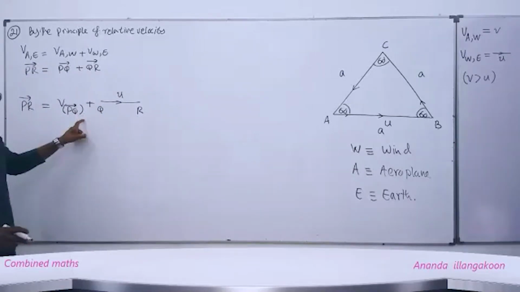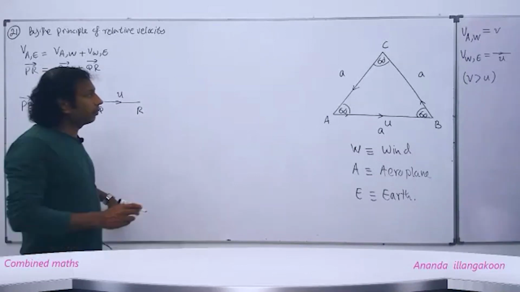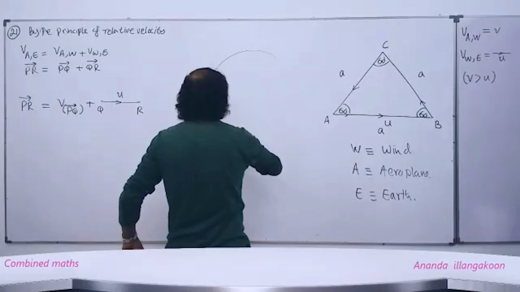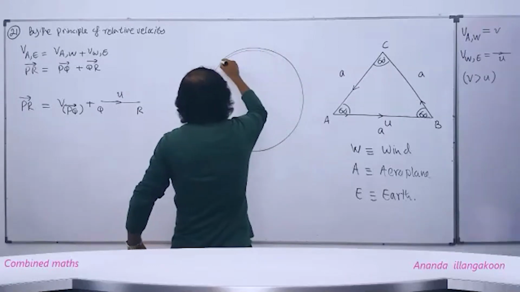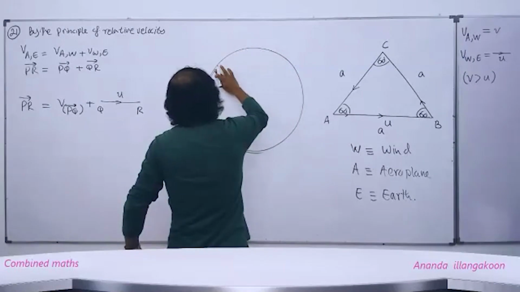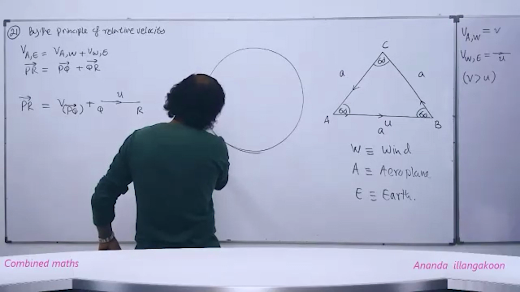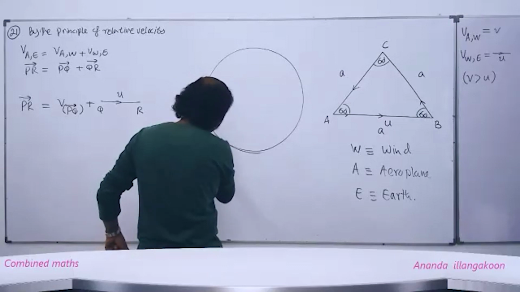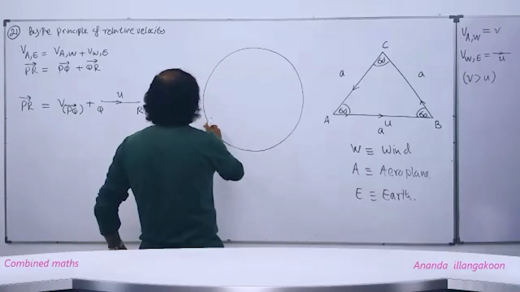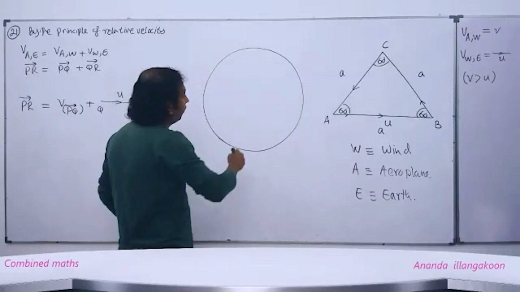It is Q, the center is Q. The radius is V. Now the center is Q.